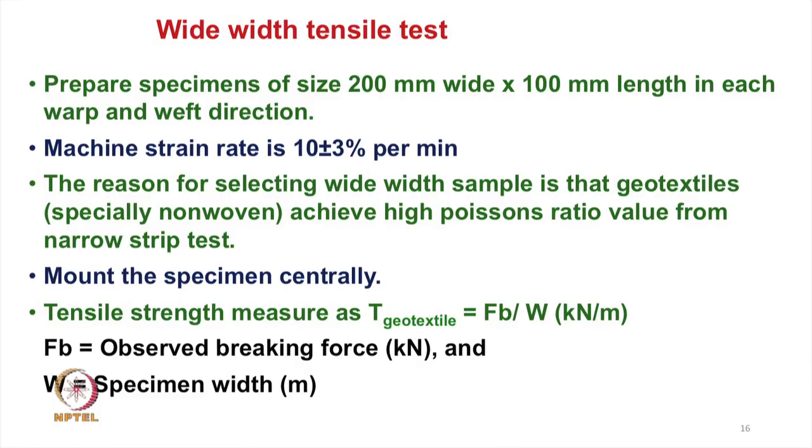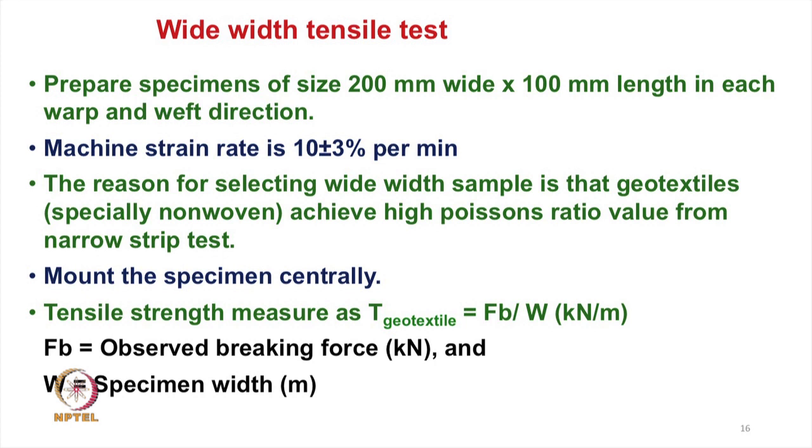Machine strain rate is 10 plus minus 3 percent per minute, that is 10 plus minus 3% of the breaking elongation. The reason for selecting a wide width sample is that geotextile, especially non-woven geotextile, achieves high Poisson's ratio when we test the narrow width test.